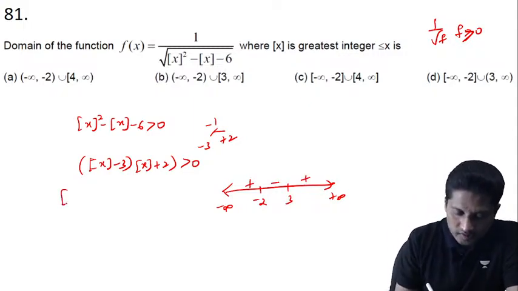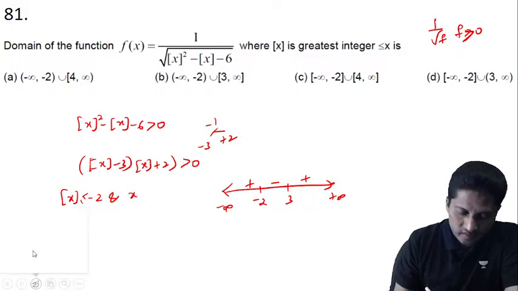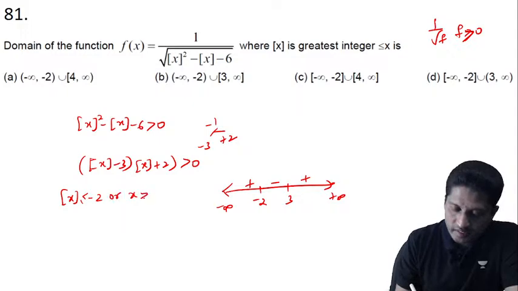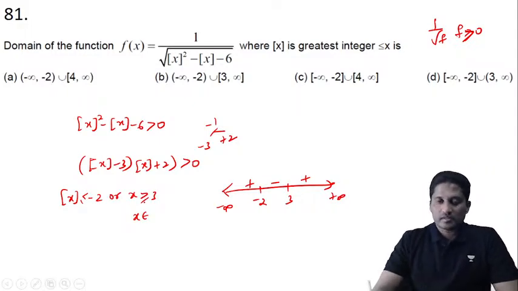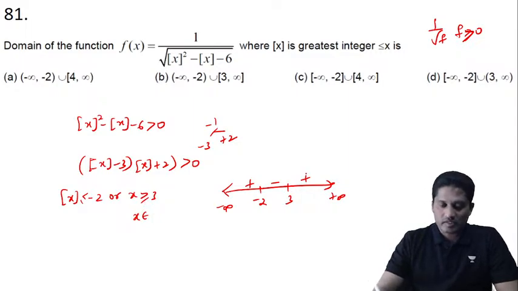So this means that box x is less than or equal to minus 2, union box x is greater than or equal to 3. Greater than or equal to 3 means between 3 and 4 box x is 3 only, right?